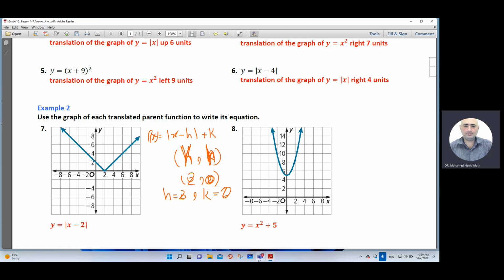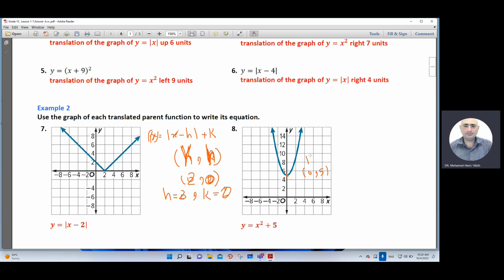Who can tell me what is the name of the second function, number 8? Quadratic, excellent. The name of this function is quadratic. What is the minimum point? This is the minimum point. Who can tell me what is the minimum point? (0, 5).